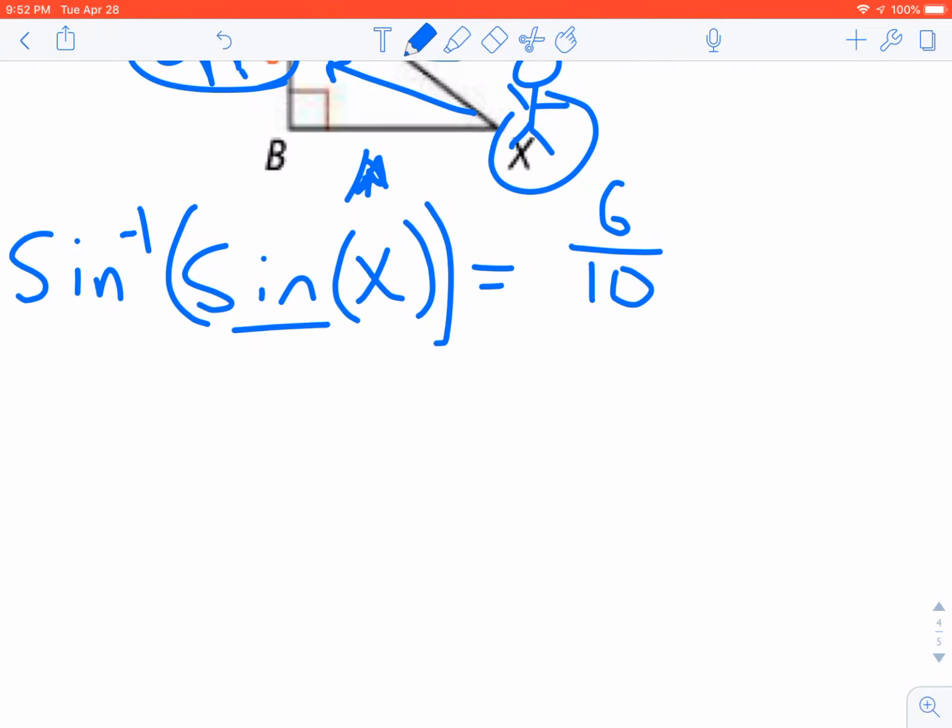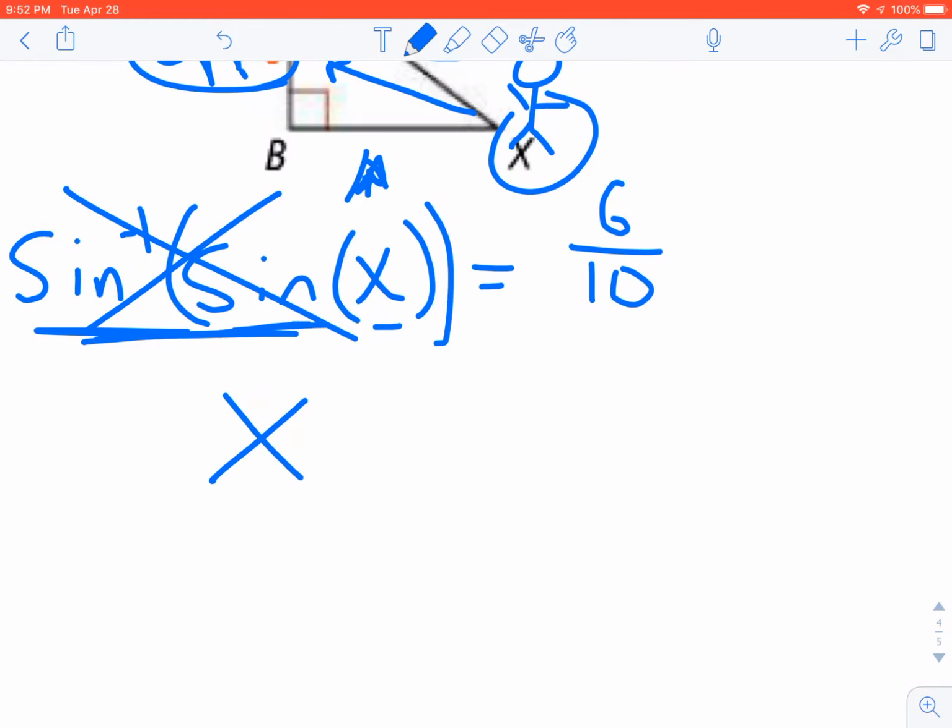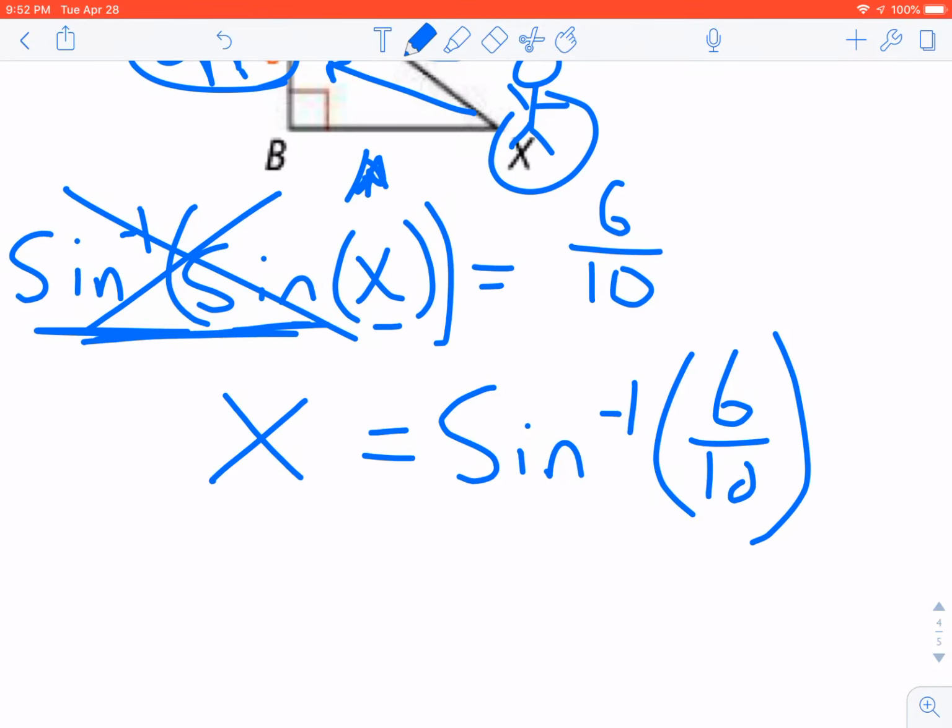If I'm taking the sine of angle x, and I take the inverse sine, the sines undo themselves, and you are left with simply x. Now, it's an equation. The age-old adage: what you do to one side, you have to do to the other. So I have to take the sine inverse of 6 over 10. That's all the algebra. You're just taking the inverse operation of sine to both sides to undo it.